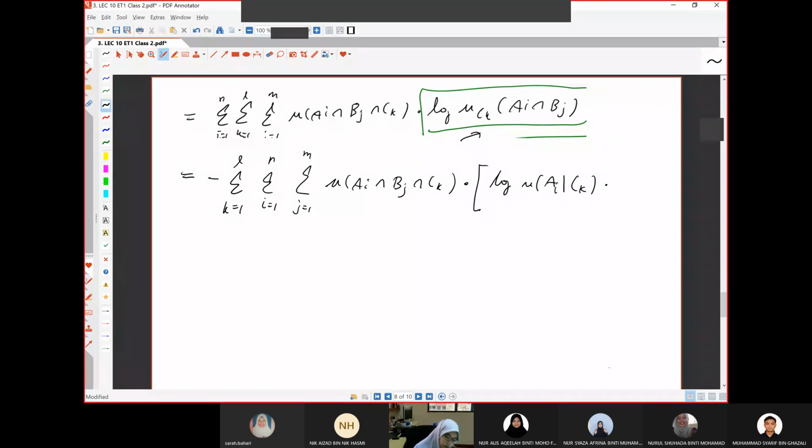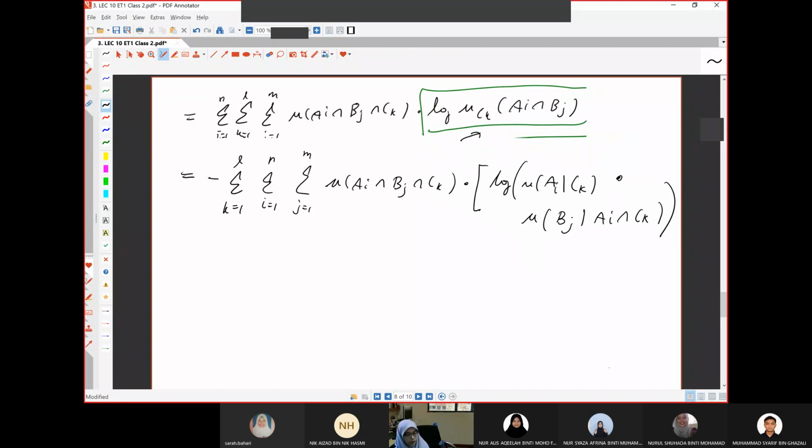Sekejap, saya buat kecil sikit. Multiply with mu of BJ given that AI intersect CK, in the bracket.